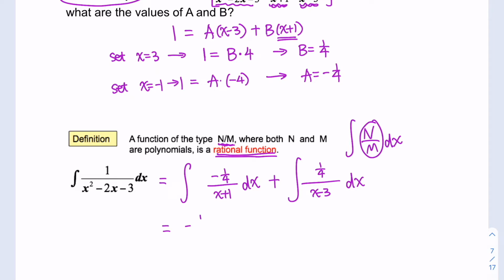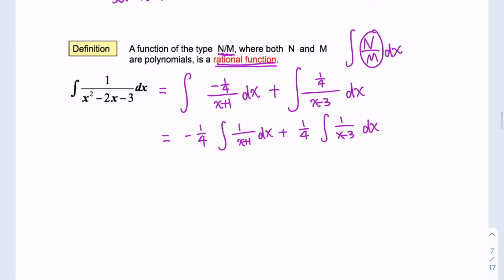So the first one is negative 1/4 integral of 1 over x plus 1 dx plus 1/4 integral of 1 over x minus 3 dx, and each of them gives us a natural log. So negative 1/4 ln of x plus 1 plus 1/4 ln of x minus 3 plus c.